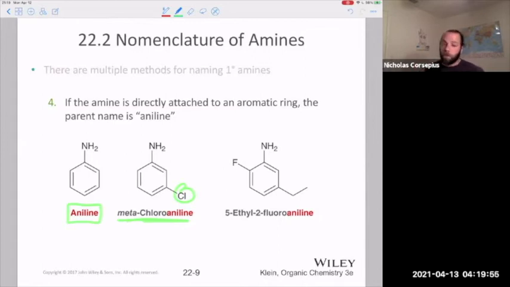So when there's more than that, we just use the numbering scheme. In this case, that aniline, that amino group always gets 1, and then 2, 3, 4, 5. And so this is 5-ethyl-2-fluoroaniline. So just remember, when an amine group is attached to benzene, it becomes a whole different parent chain.